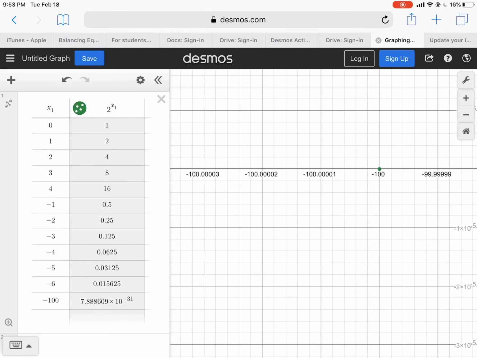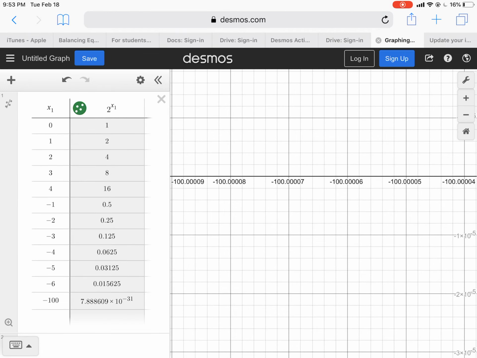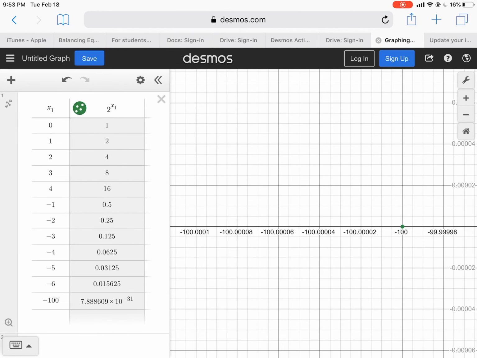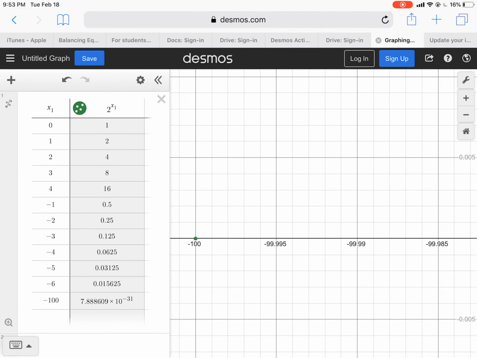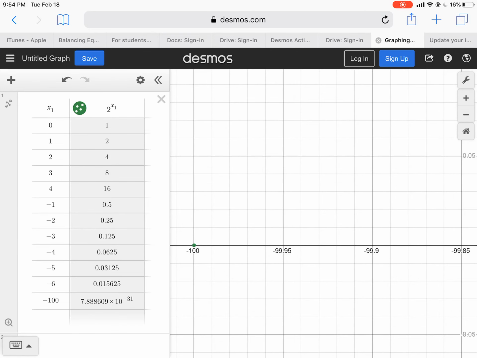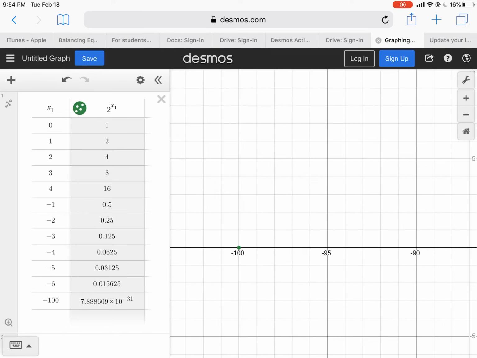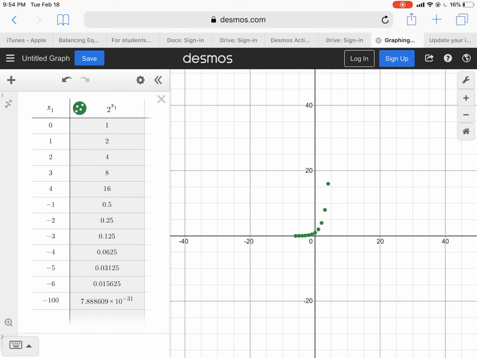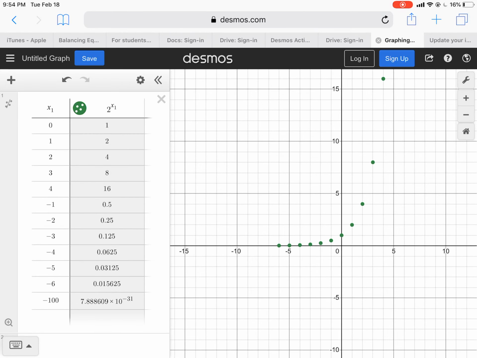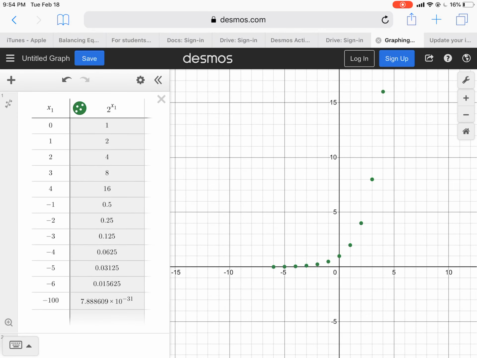I would have to just increase this and increase this. So let's bring this back in. There's my -100. It looks like it crosses, but in terms of my t-table, I can see that it doesn't, because it's not a negative value. It is a negative exponent, so a very small fraction. And that is what an exponential growth looks like.